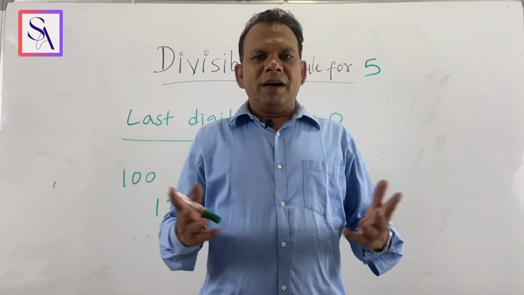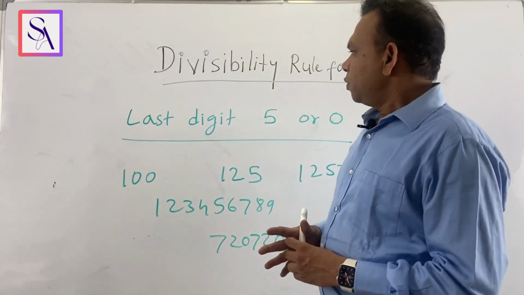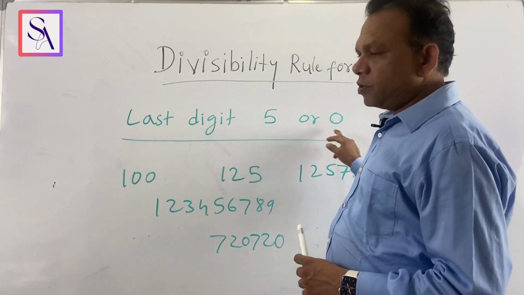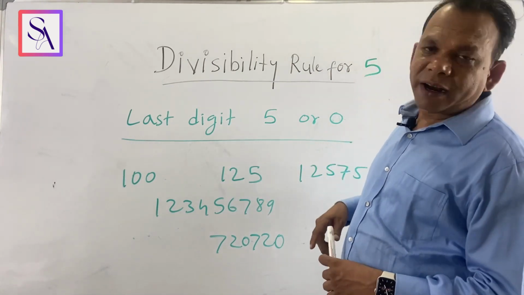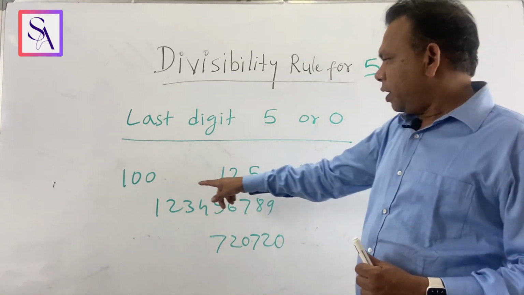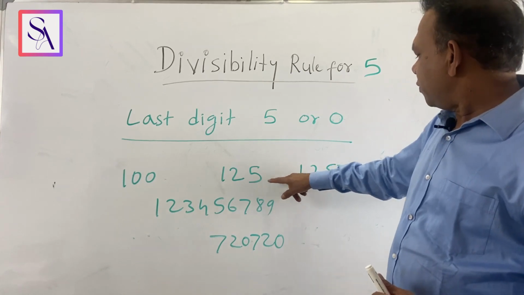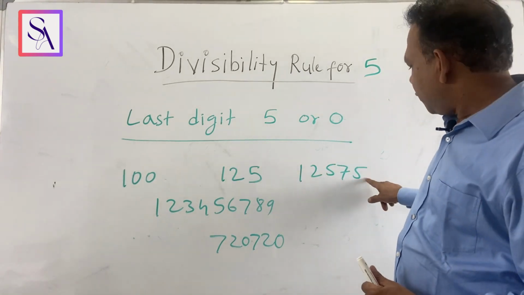Divisibility rule for 5. So if last digit is 5 or 0, then that number is divisible by 5. It is very simple. So here last digit is 0, here last digit is 5, here last digit is 5.